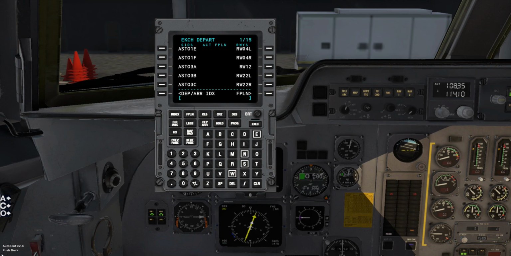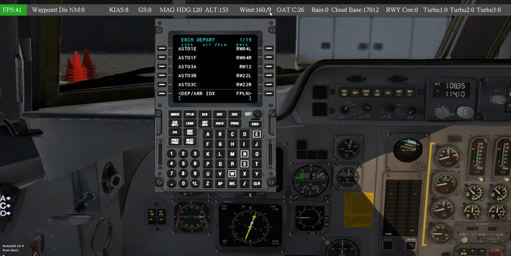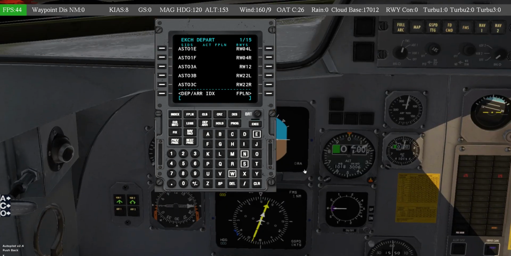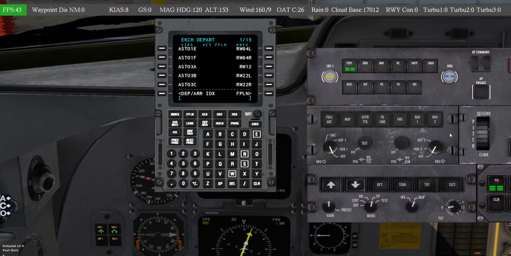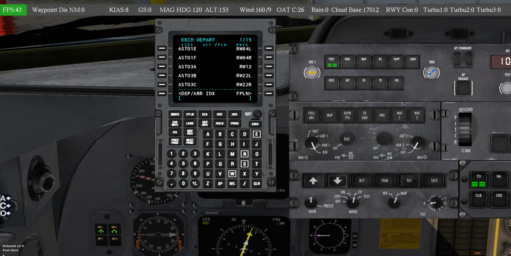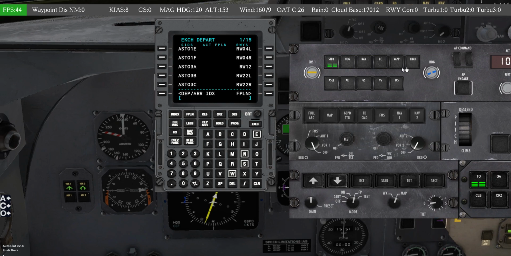I could have demonstrated my little project here, 160. And if you are not sure, you could actually take your autopilot here and adjust the heading to demonstrate where the wind is coming from. 160 degrees. 160 degrees.